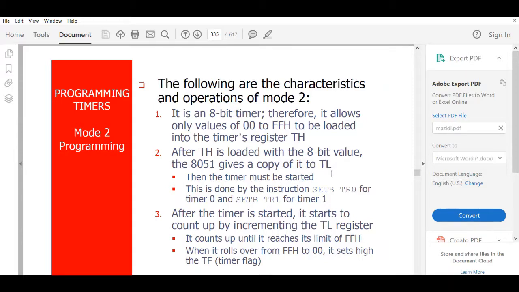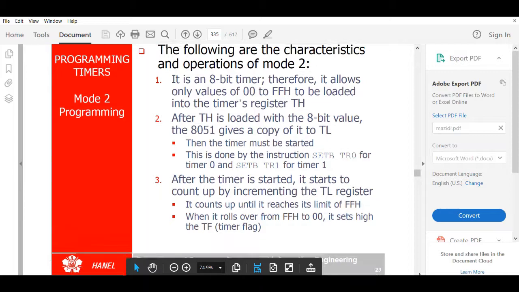So TH and TL will have the same value. In the case of mode 1 programming, TH and TL could have different values. After loading the 8-bit value into TH and TL getting the copy of it, the timer must be started with the instruction SETB TR0 or SETB TR1.